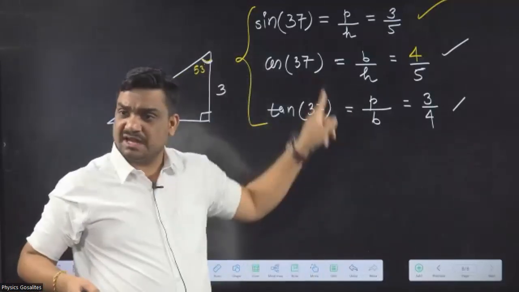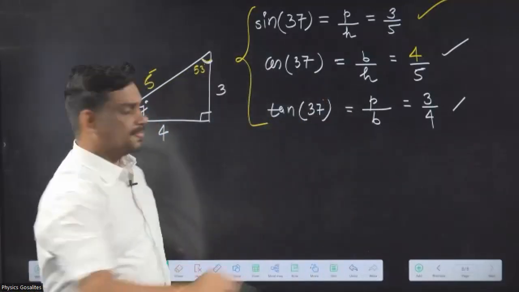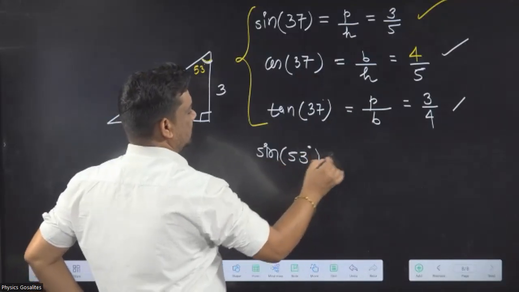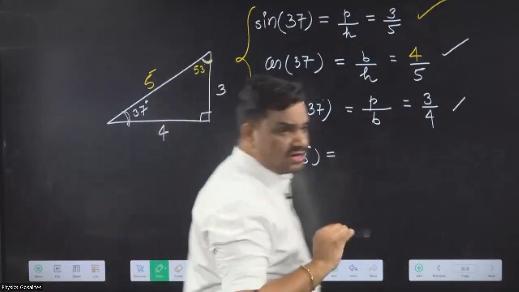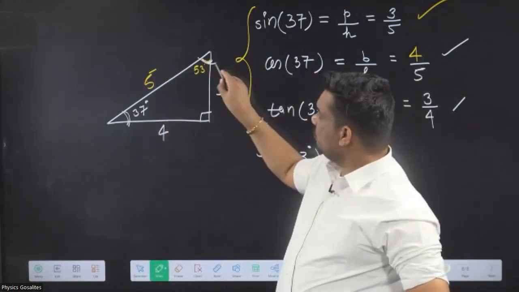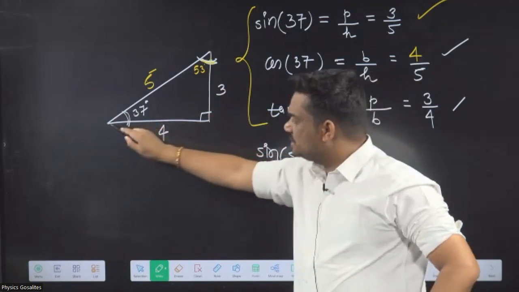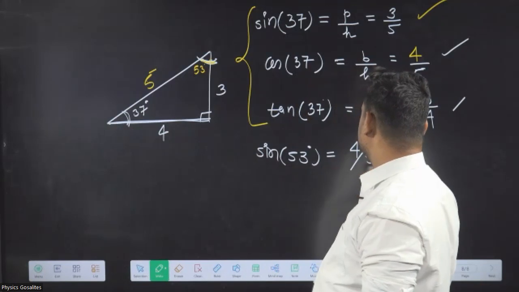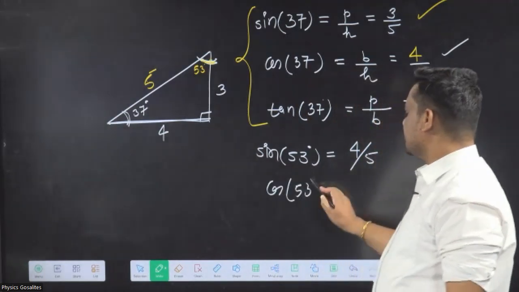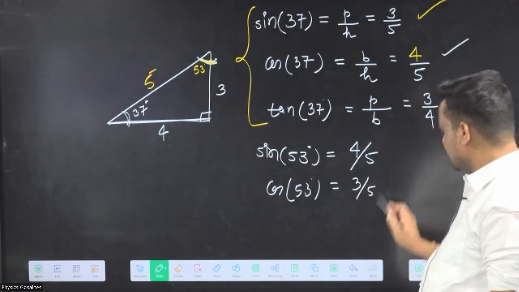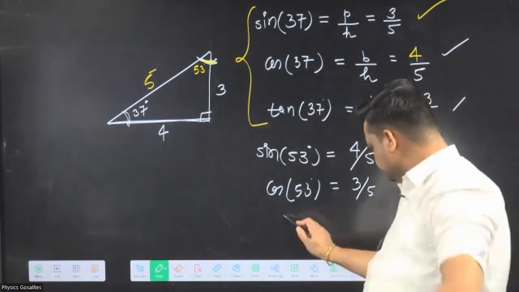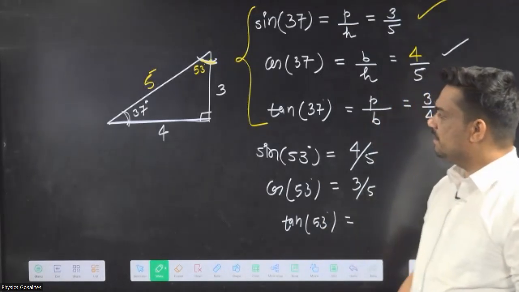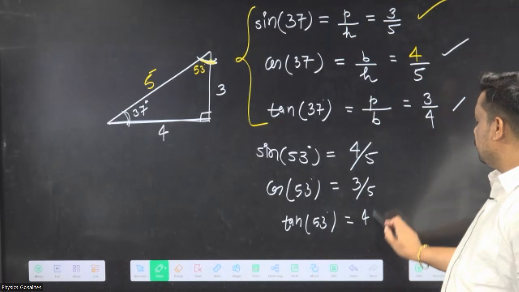Now same way we can write for 53 also. Sine 53 will be how much? For 53, this is the angle, so the opposite side is the perpendicular. What do you write here? 4 by 5. I can write cos 53, that becomes 3 by 5. Tan 53, can you tell me now? 4 by 3.